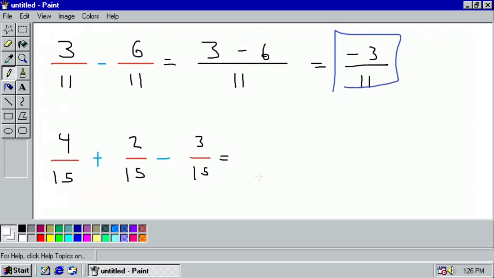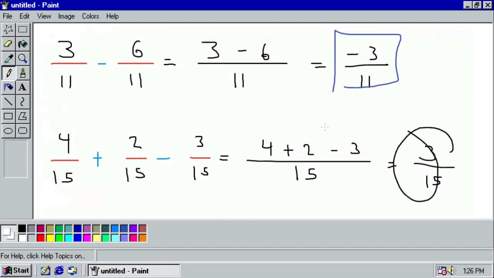Now how about this? We have multiple fractions. Since all of them have the same denominator 15, we can just simply add or subtract the numerators. Copy 15. 4 plus 2 is 6. 6 minus 3 is 3 over 15.